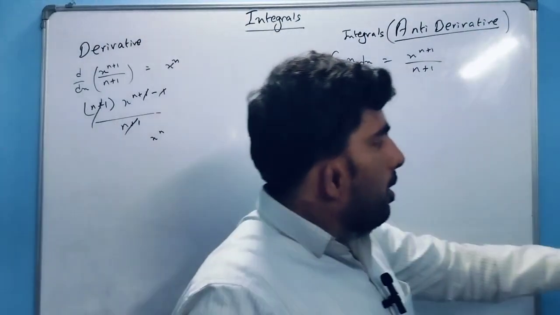And if I find the derivative of this, we get this one. We have already done this in differentiation, that is upon n plus 1. So that is how we find the derivative here, and this is the integration.